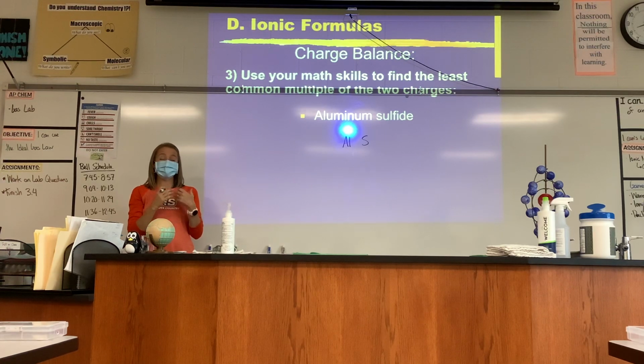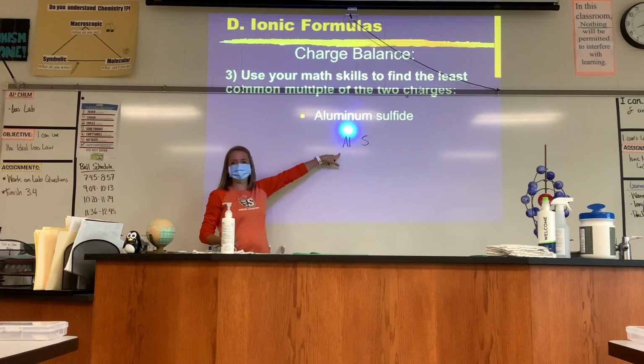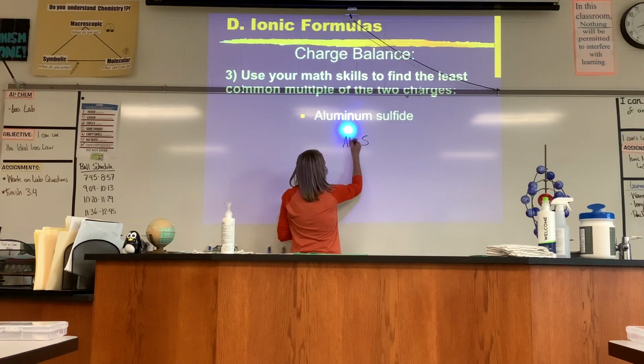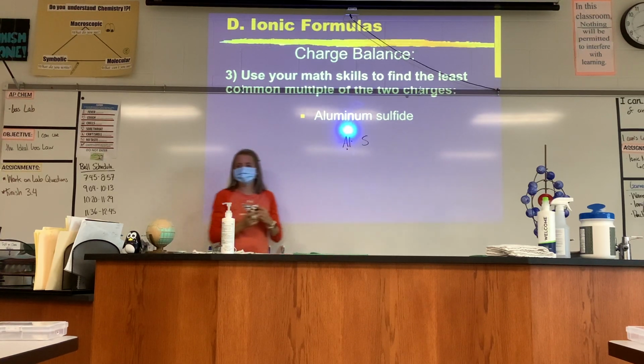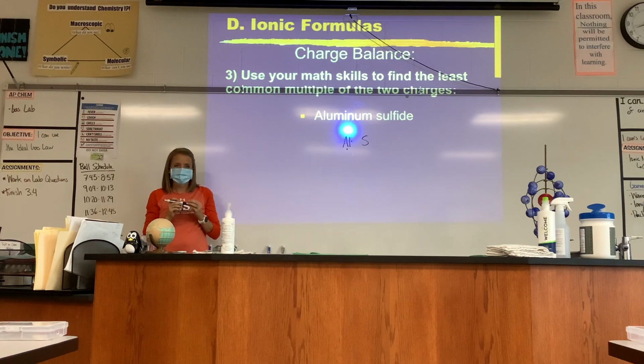The first method is by just how many valence electrons it has, and we kind of did this once before. So how many valence electrons does aluminum have? 3. So draw 3 little dots on aluminum. Now once again, if you don't like this method, then you can do the other one or vice versa, but I would encourage you to write both methods down so you have them as options.